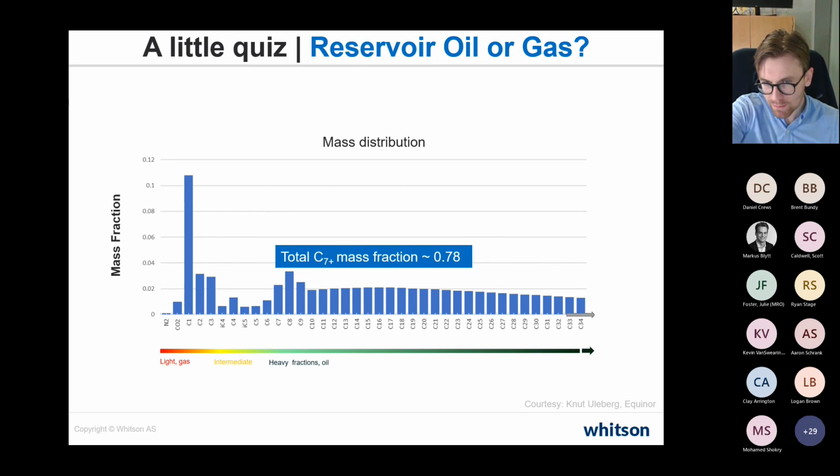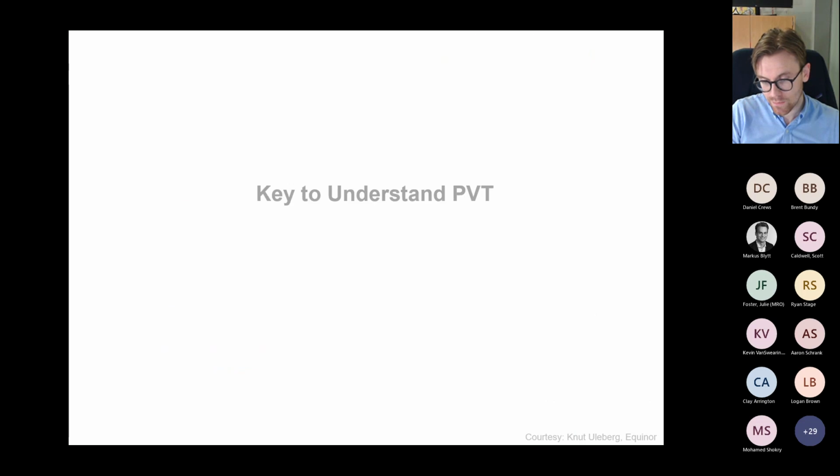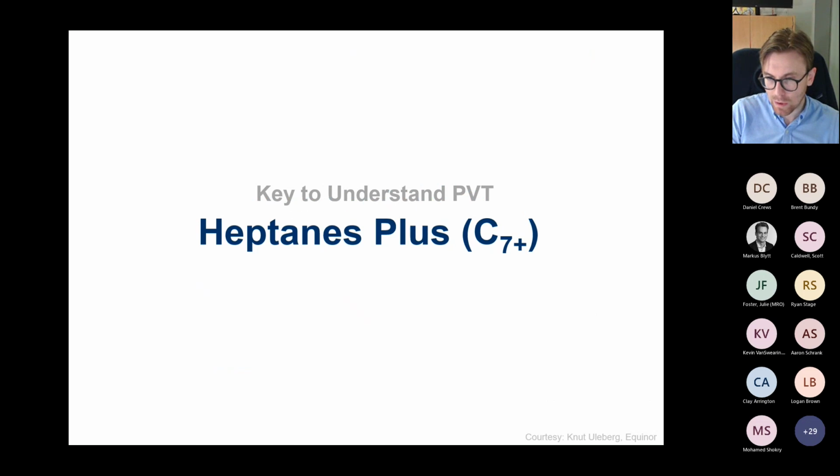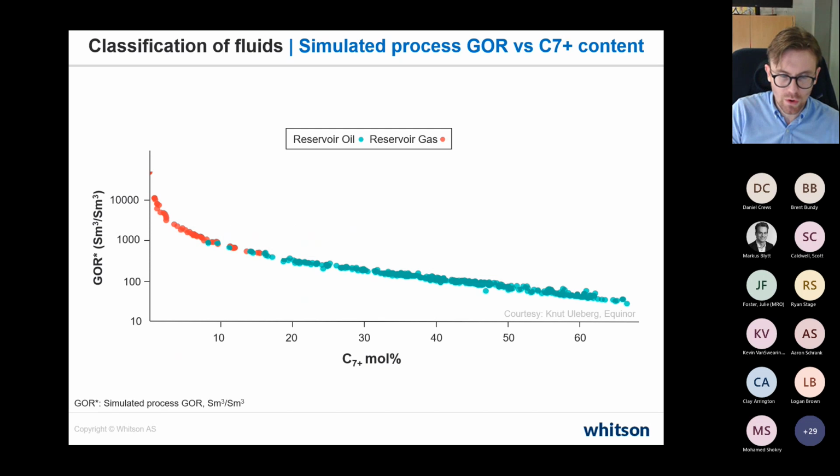And here you see that the C7 plus mass fraction is also very important to distinguish what kind of reservoir fluid it is. So very key to understanding PVT is the heptanes plus part. We call it heptanes plus characterization, or C7 plus characterization, and it's very correlatable to different reservoir fluids. And Equinor put together a very good summary of all of their fluids from high GORs to low GORs.